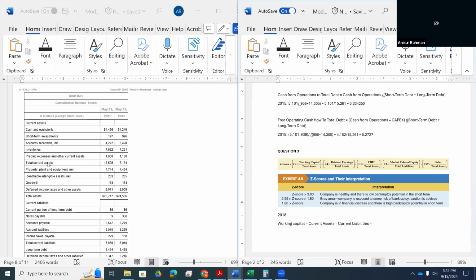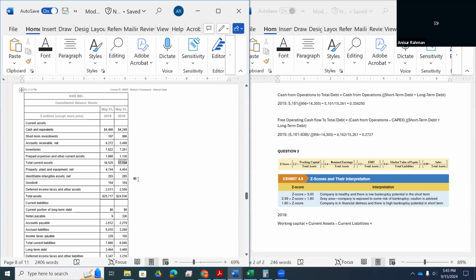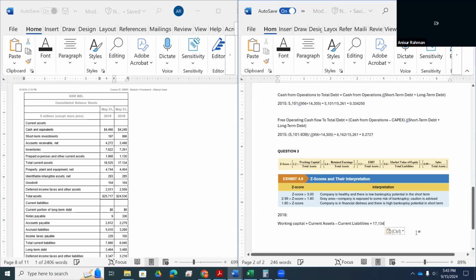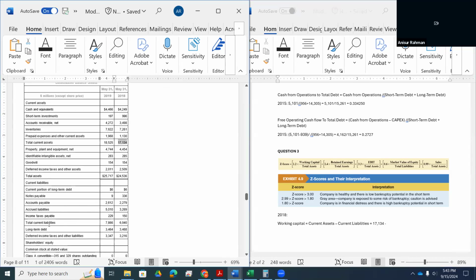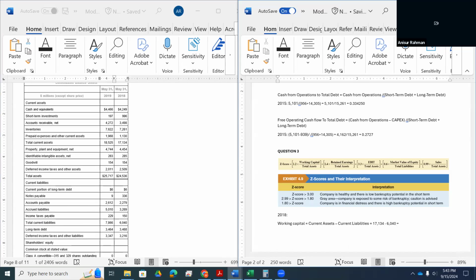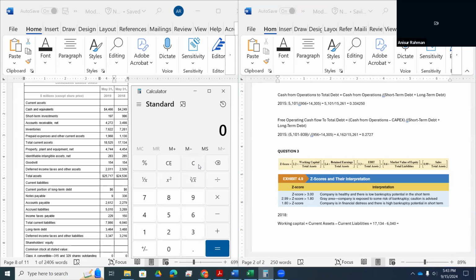Our current assets, 17,134. And our current liabilities, 6,040. So I'll calculate this, 17,134.